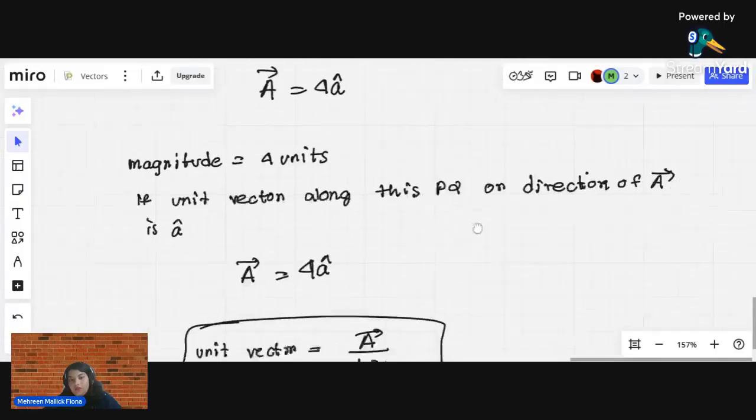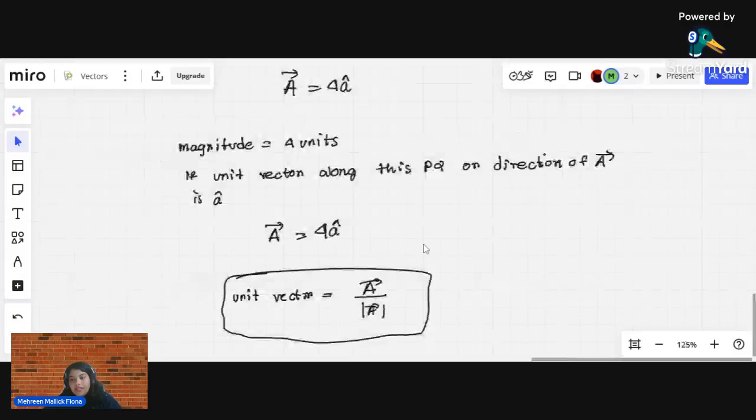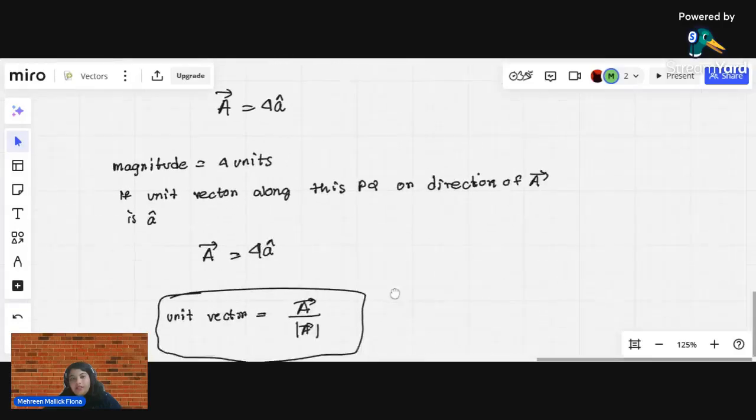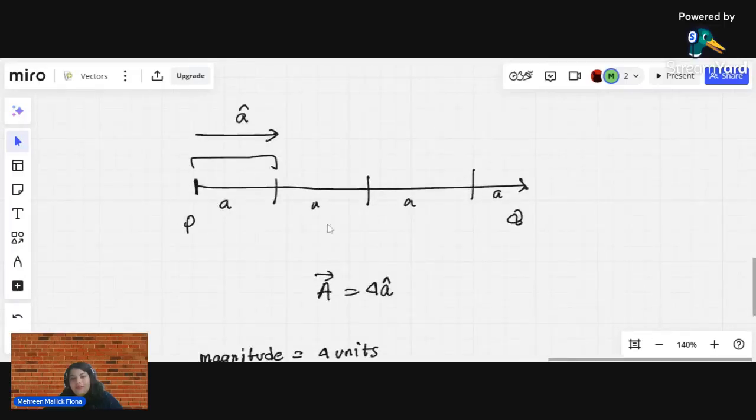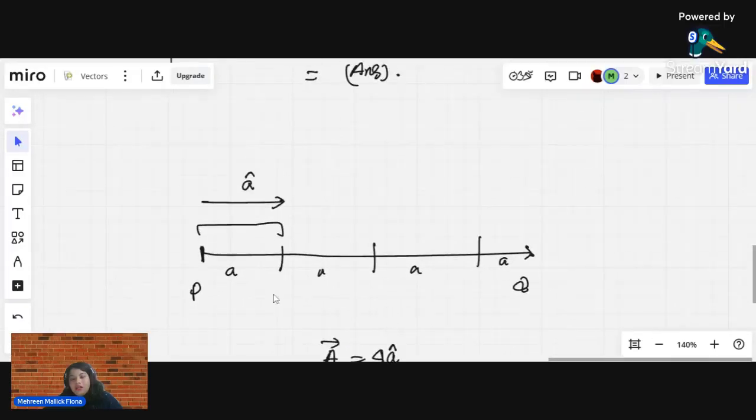Let's start. Oh, I missed this section again, the alignment issue again. So let me go over this again. If I have a vector A or a certain vector PQ and I'm going to divide it into four sections, and I'm assuming this one unit as a unit vector A with a hat sign.